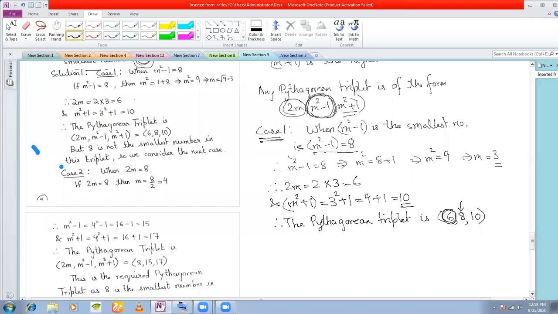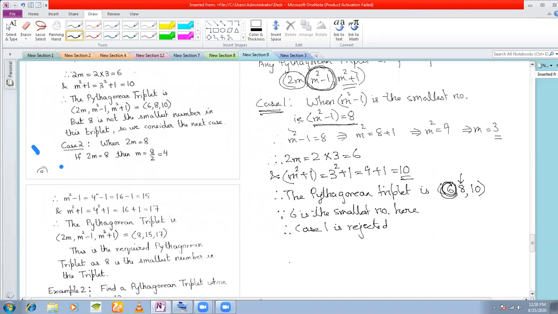We assumed m square minus 1 to be 8, the smallest number, but actually we are getting 6 as the smallest number. Therefore case 1 is rejected. That means m square cannot be equal to 8. Case 1 is rejected. So we now move on to case 2.